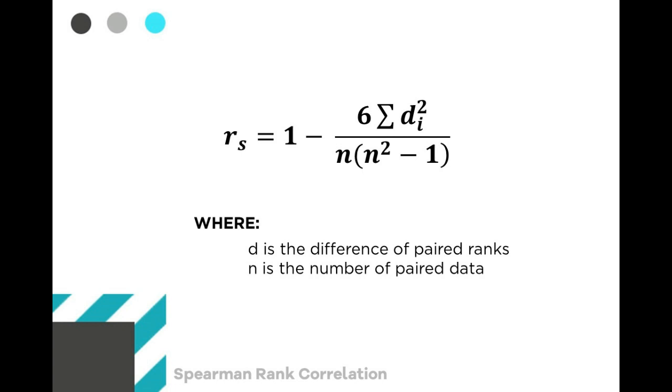So our r sub s is equal to 1 minus 6, which is a constant, times the summation of d, which is the difference of our paired ranks, squared, d sub i squared, over n times the quantity n squared minus 1. So that's the formula for our Spearman's rank.